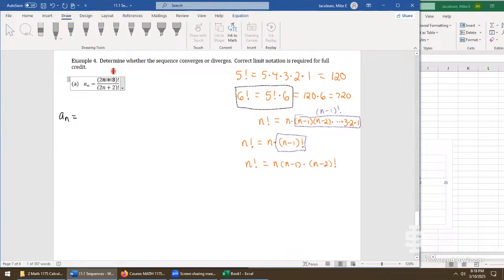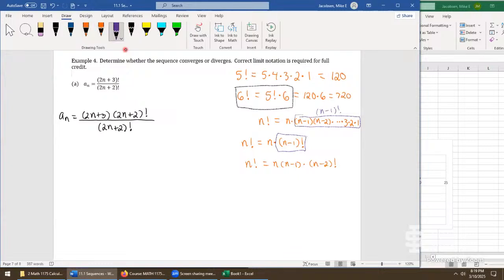We want to break down the one that's a little bit higher, write it in as 2n plus 3, drop it down by 1, 2n plus 2, but then stop right there. Throw the factorial on it, because now the denominator being 2n plus 2 factorial tells us we have a humongous cancellation right here. This will cancel with this. That means when we're taking this limit, it's just for 2n plus 3, nothing else.